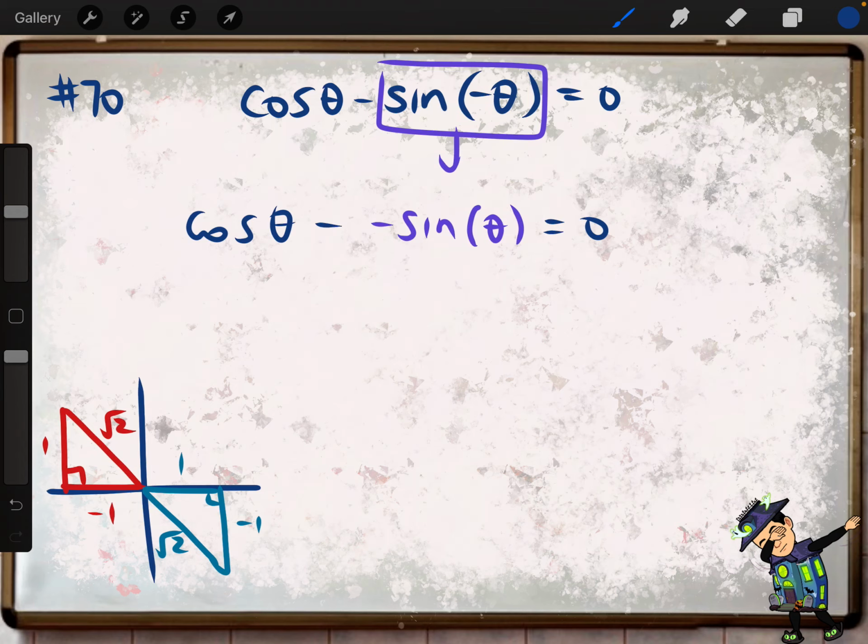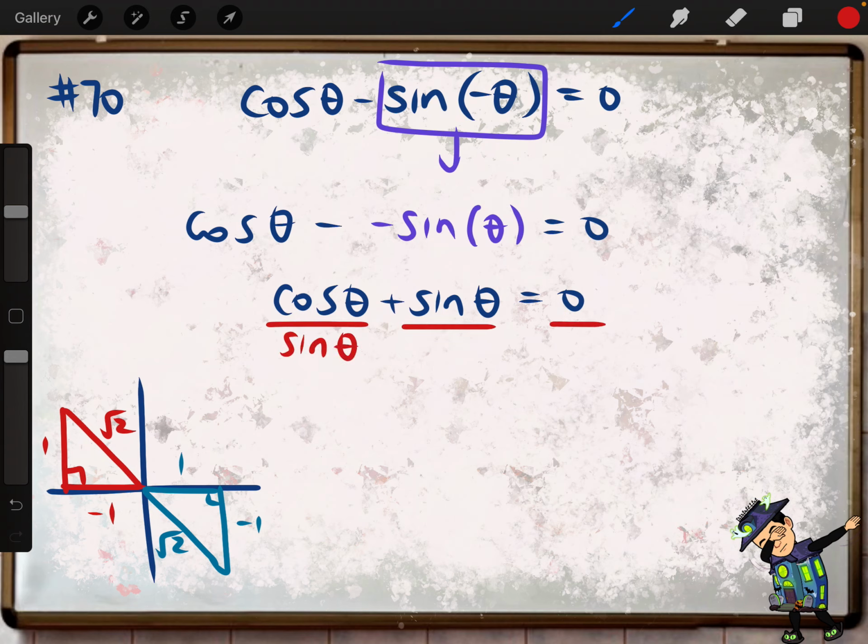In this case, you're going to have cosine theta plus sine theta equals 0. So what I'm going to do here is divide. You just have to be a little creative here, but that's not the only way. I'm going to divide by sine theta on the whole entire equation.